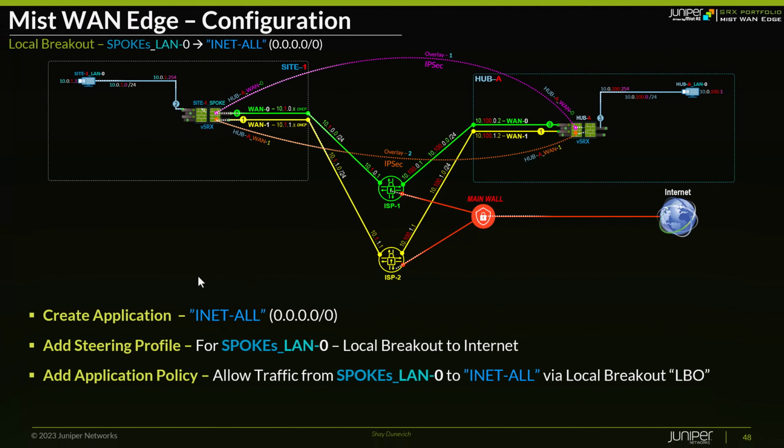And for that, we would need to create an application, quad 0 in this example, or it can be any other destination, not necessarily a custom app, but it might be even Zoom or any layer 7 application. And we would also need to create a specific steering profile for that to direct traffic towards the underlay instead of going overlay towards the IPsec tunnels.